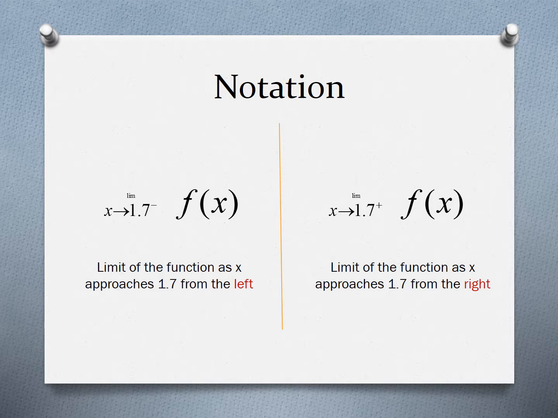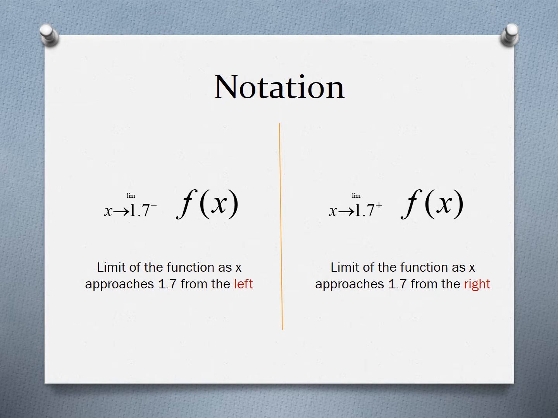Notice here, I really want to emphasize notation. On the left, I'm describing the limit of a function as x approaches 1.7 from the left. And then on the right hand side, I'm using notation to describe the limit of a function as x approaches 1.7 from the right.